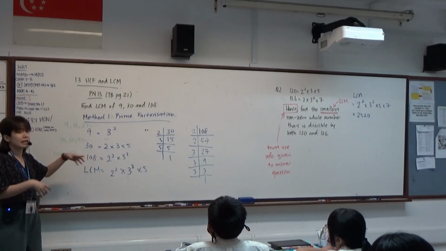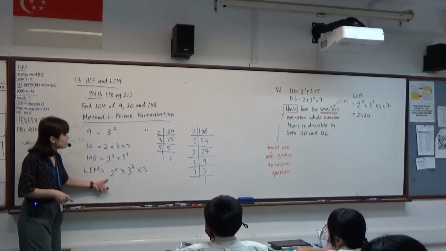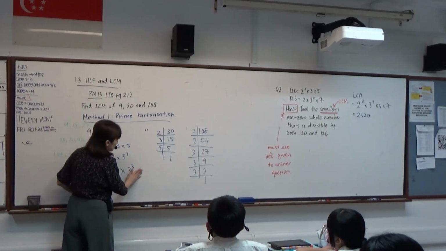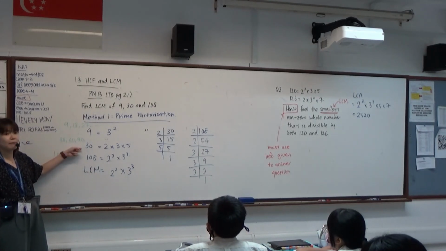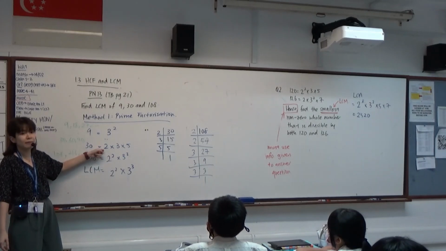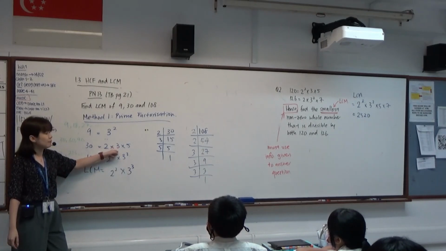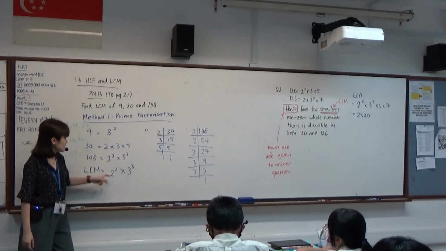Agree? This number must divide 9, divide 30, must divide 108. If cannot divide, then it's not called a multiple anymore. So therefore, if I don't have the 5, will this number still be able to divide by 30? No, right? Because my 2 squared, yes, I can divide by 2. 3 cubed, I can divide by 3. But I'm short of a 5 over here. I cannot divide.